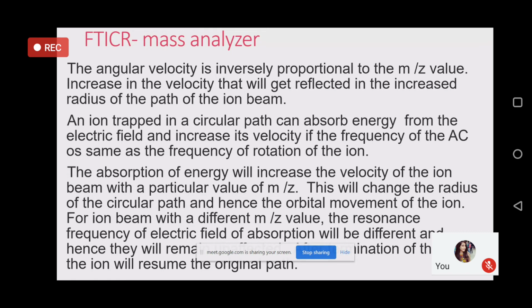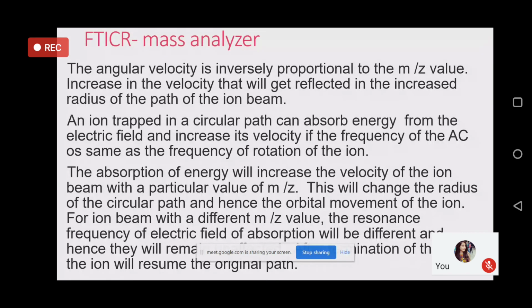That's why you call it nuclear magnetic resonance. By the way, you can think about what happens in nuclear magnetic resonance spectroscopy, why you call it resonance. So in that case, the ions are moving in a circular path in a magnetic field.